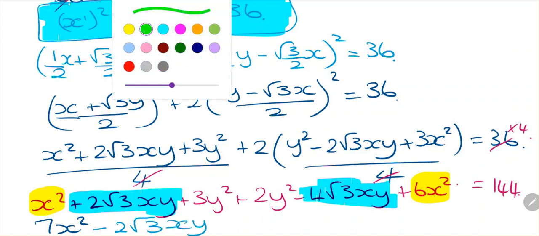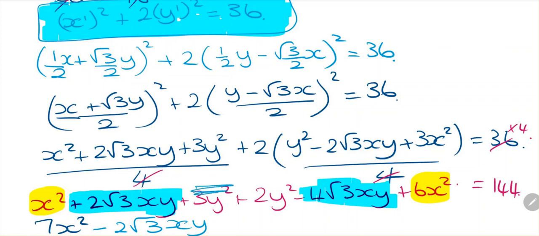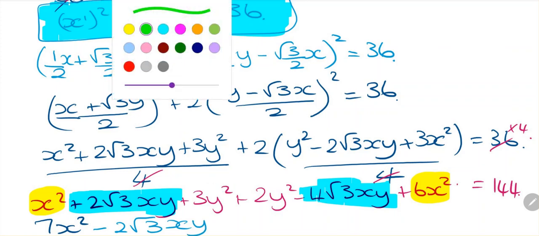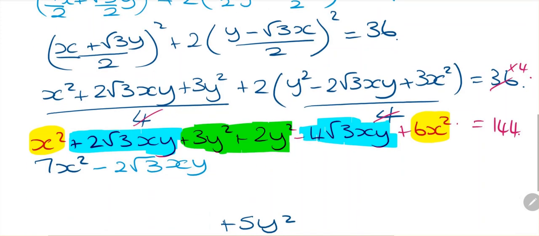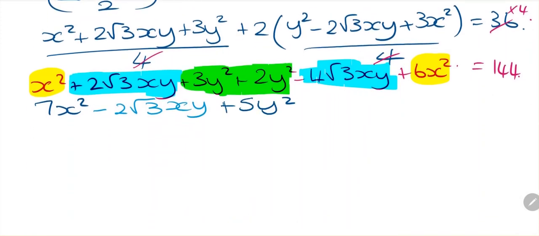And then our last term, we have a plus 2y squared and a plus 3y squared, so that is going to be plus 5y squared. And this is equal to 144. So I'm just going to bring the 144 over to the other side and make that equal to 0. So we have our equation.